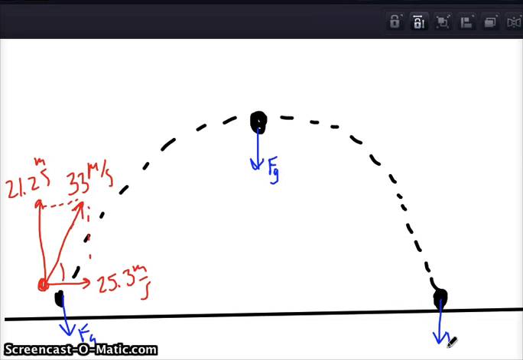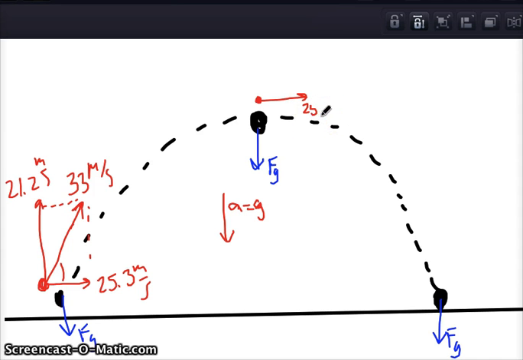It's this force of gravity that acts in a downwards direction. We of course know that when there's only this one force acting on it, we have an acceleration in a downwards direction, and of course this acceleration is an acceleration due to gravity. So the only acceleration is in the y direction, and that's only going to change this y component. So our x component is going to remain the same this entire time.